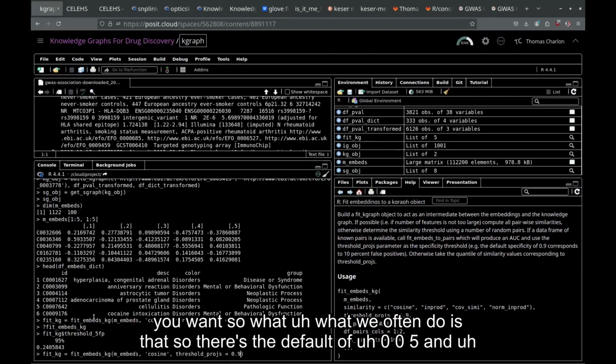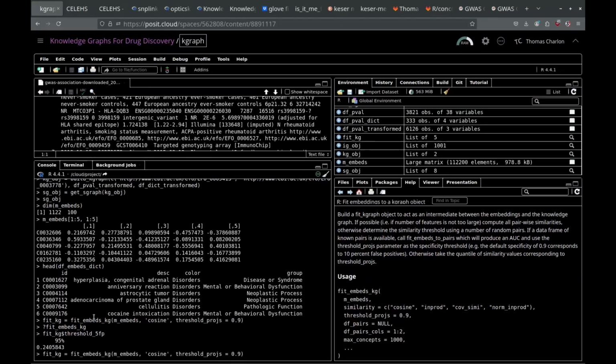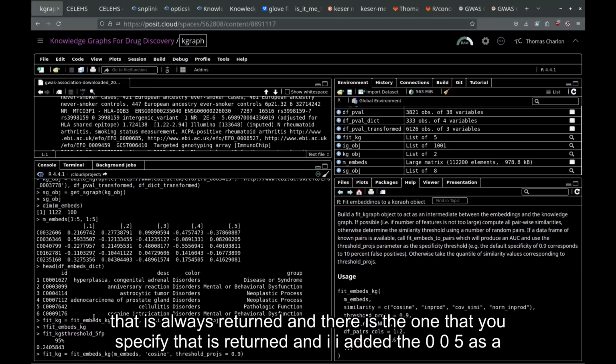What we often do is that there's the default of 0.05 that is always returned, and there is the one that you specify that is also returned.